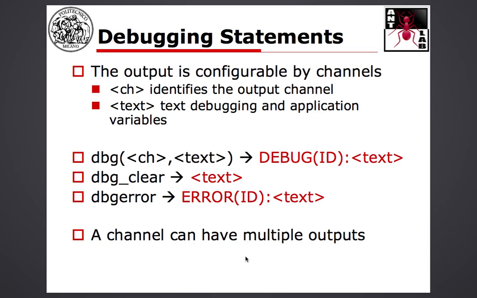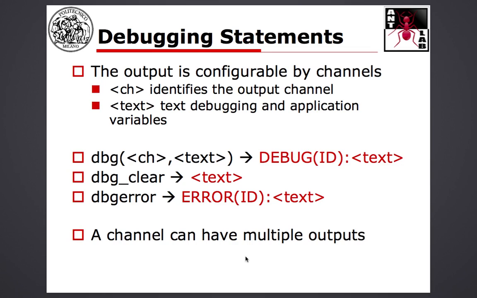Now, luckily, when we simulate, we can actually output text. Since we are simulating, we have no real hardware, but it's actually software running on our PC, so we can also output some statements, some text, to understand what the application is actually doing.